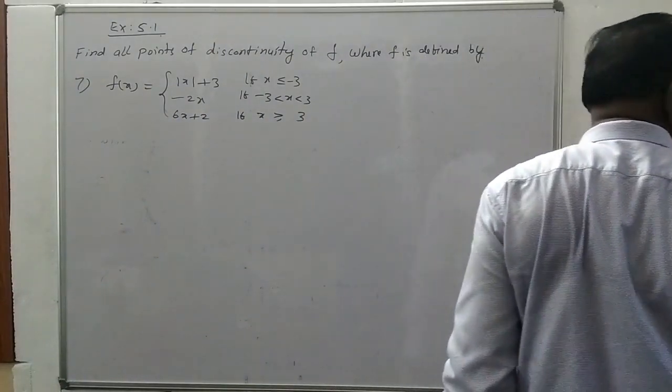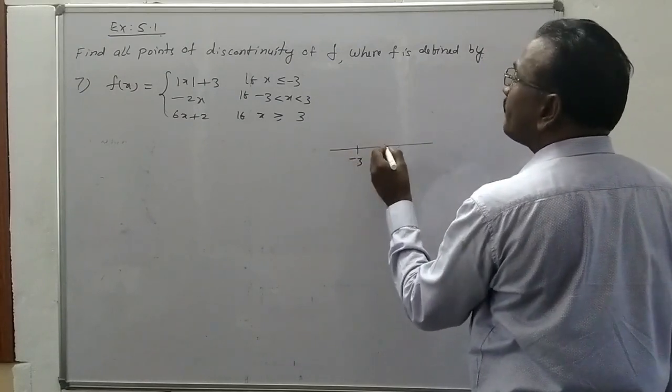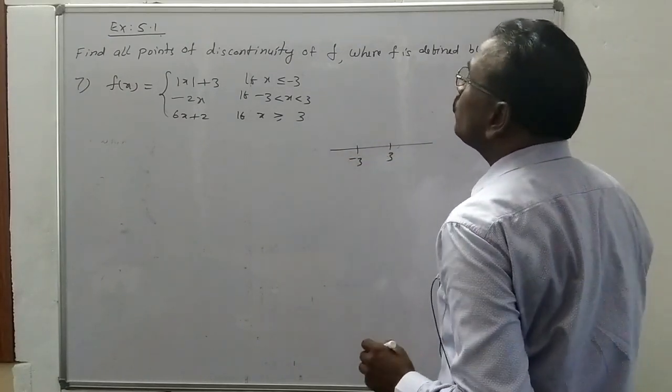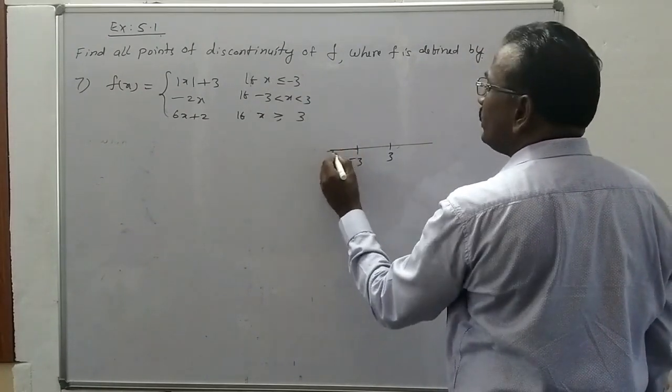What is the domain of this function? So the points are minus 3 and plus 3, only two values, and less than minus 3, this is the point.